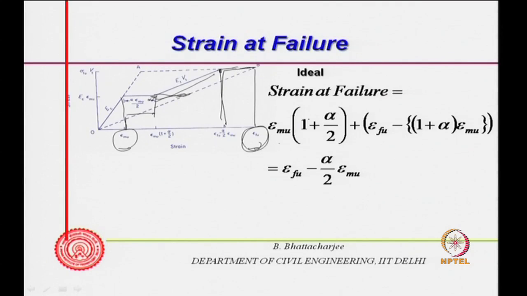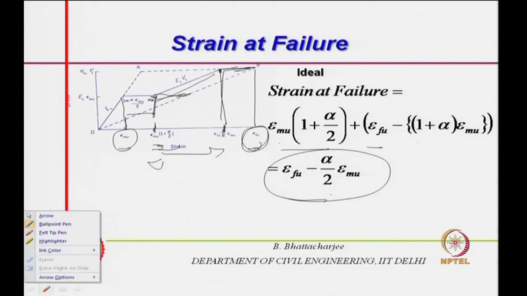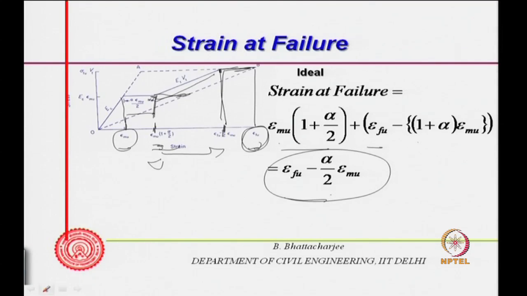That is because after the crack has formed, this is the strain, and this sigma fu minus this is the additional increase between this point and that. So, this total gives us epsilon fu minus alpha by 2 epsilon mu.